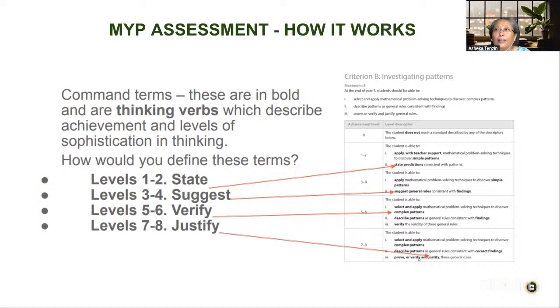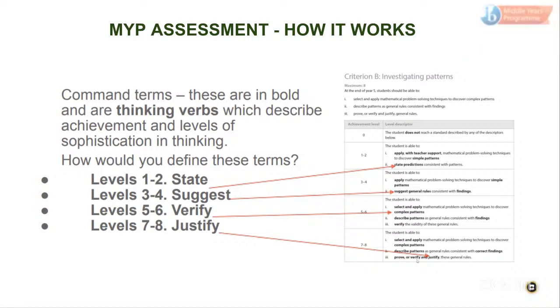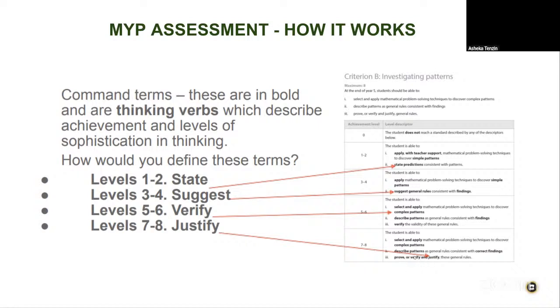If you look at Bloom's taxonomy also, you start with remembering and then go high up to creating, right? In the same way, levels 1 and 2 will have the lower level Bloom's taxonomy work, and the highest level will have the higher level of Bloom's taxonomy, metacognition.